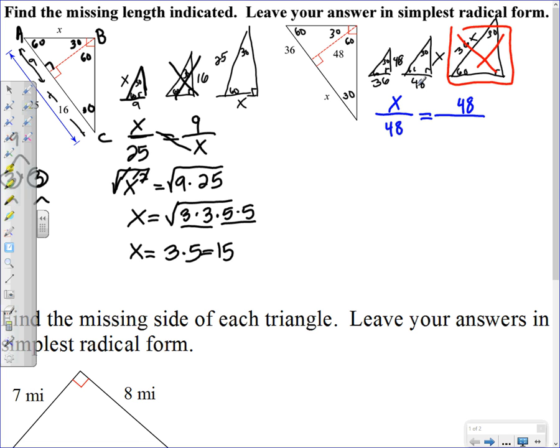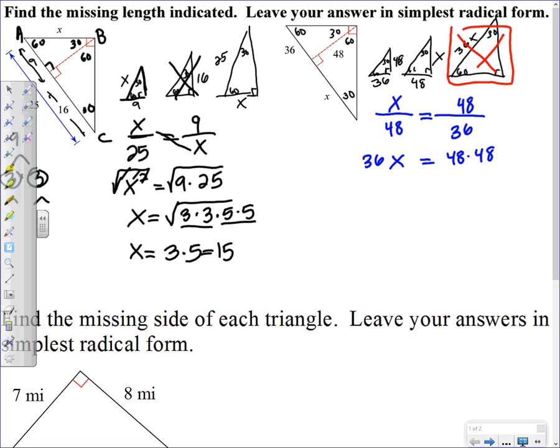Who corresponds to 48 over here will be 36. Cross multiply. Extremes will give you 36x. And multiply the means, that'll be 48 multiplied by 48.